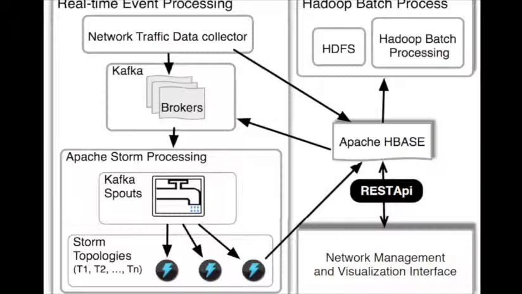The network data collector sends the data to different topics in Kafka, and these Kafka topics are retrieved by Storm processing to get the results using different Storm topologies. This is the real-time event processing. The Hadoop batch processing takes the network data, stores it into HBase, and retrieves it to the visualization interface.